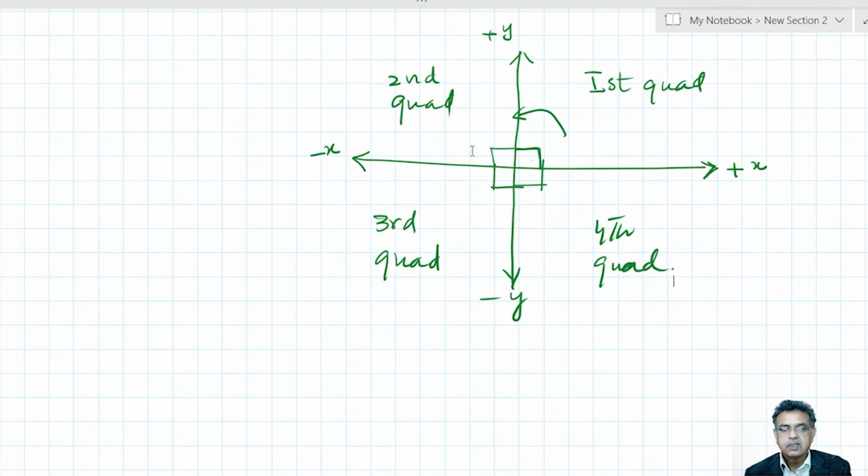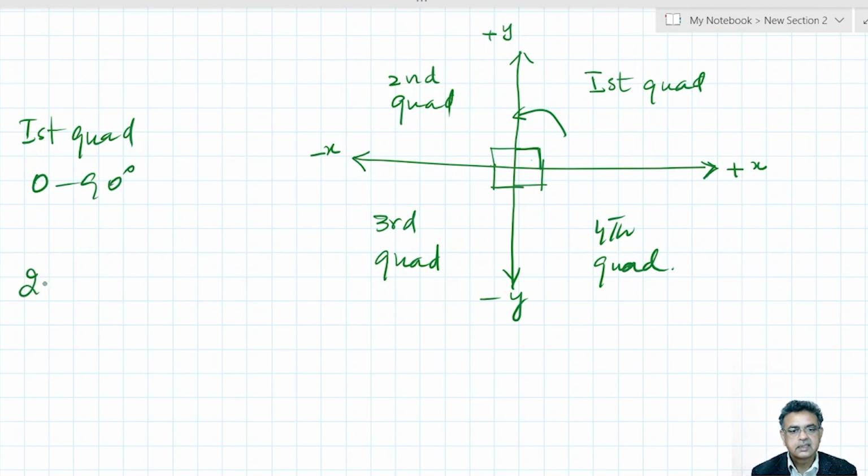So these four quadrants, if we write it here: first quadrant is 0 to 90 degrees. Second quadrant is 90 degrees to 180 degrees.